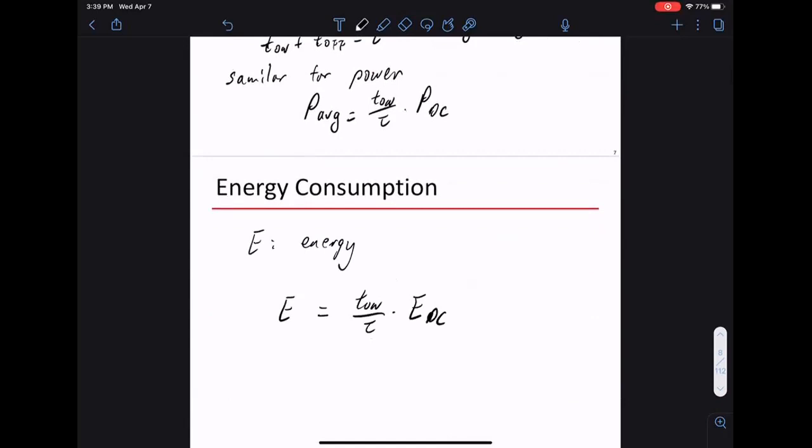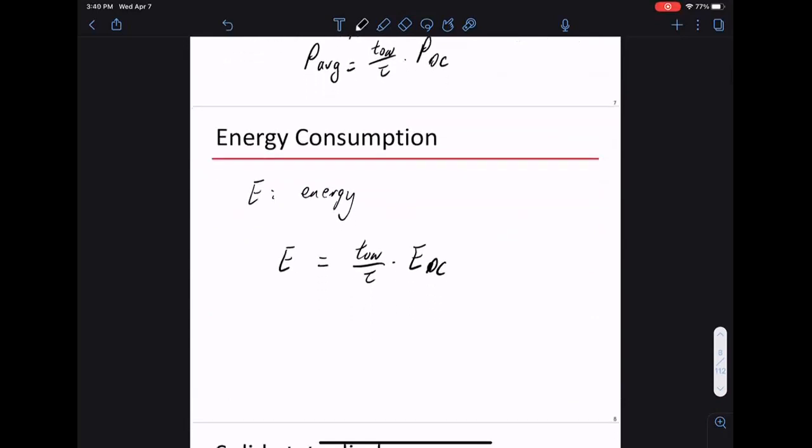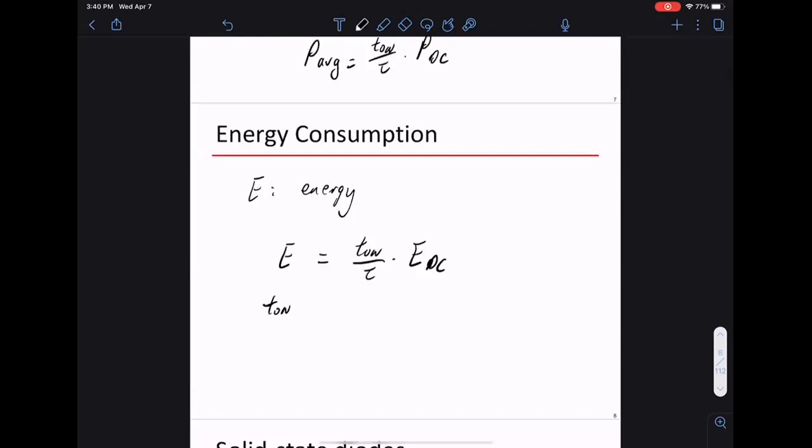Okay? So this is an important number. This is called a duty ratio or duty cycle. And then often you see this written as K equals T on over tau. So this just tells you the fraction of time that you're on compared to the entire period. Any questions?